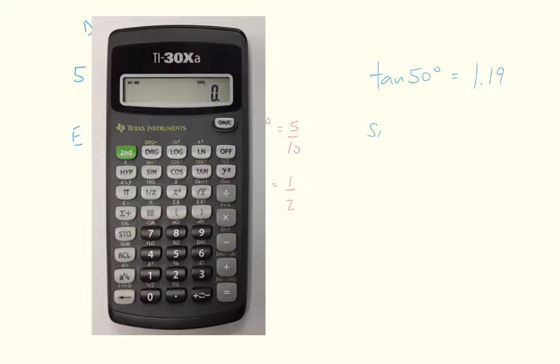The sine of 11 degrees is approximately 0.19, right? And the cos of 45 degrees is approximately 0.707. Often we write 2 or 3 decimal places for a cos ratio, or sine ratio, or tan ratio, as your calculator gives them.